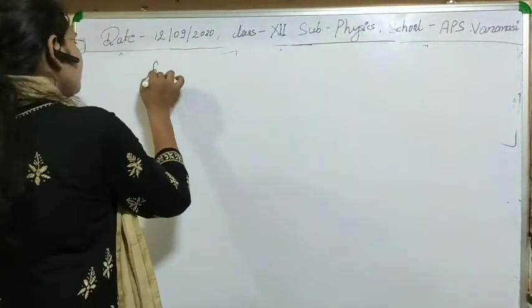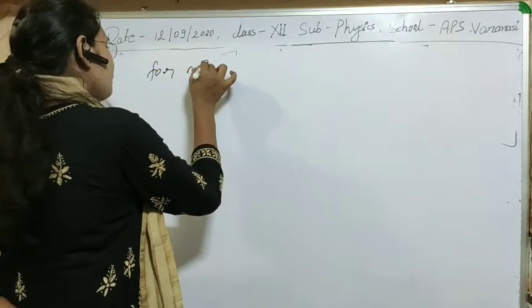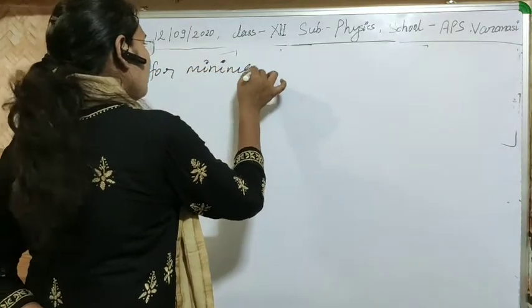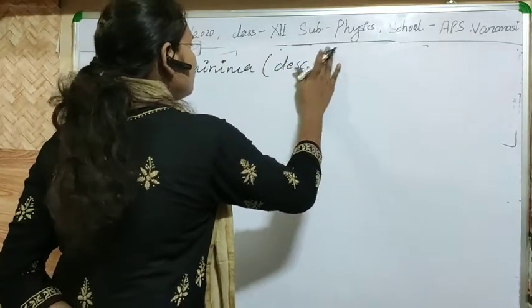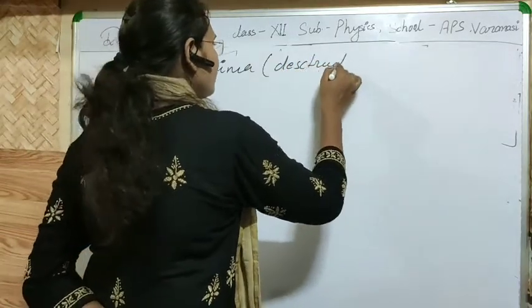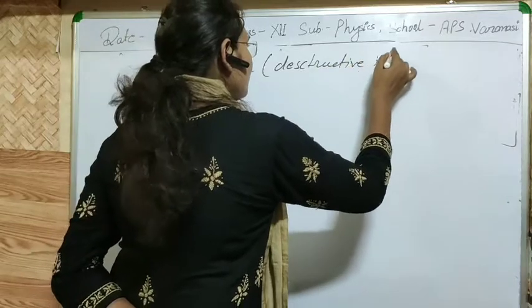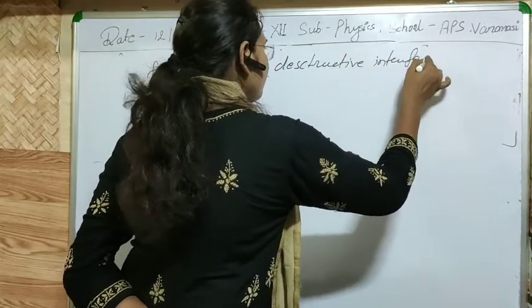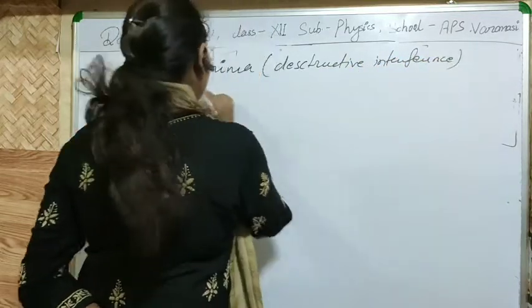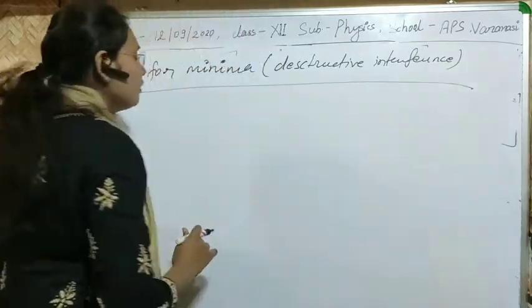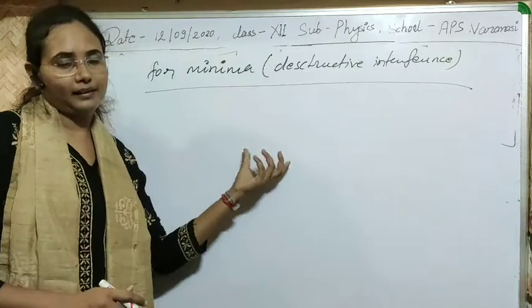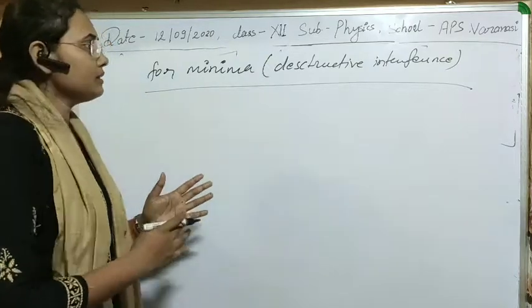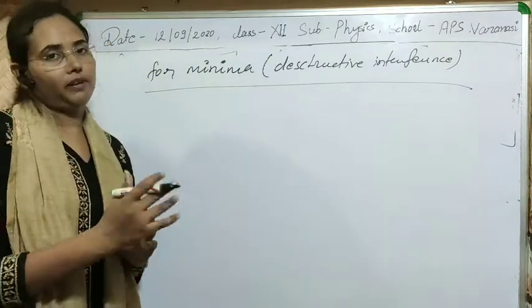So let's see. For minima, or destructive interference, as you know, the path difference between the light waves is an odd multiple of lambda by 2.